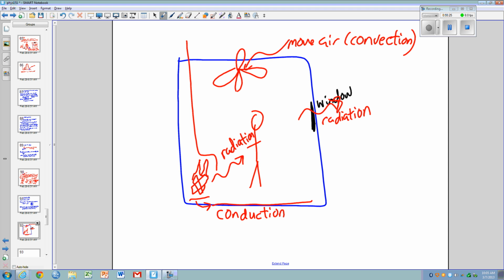All right. So you just need to be able to identify those three: conduction, radiation, and convection. Conduction requires contact between two surfaces. Radiation is just the transfer of electromagnetic radiation, and light. And convection requires the movement of a substance, a liquid or a gas.